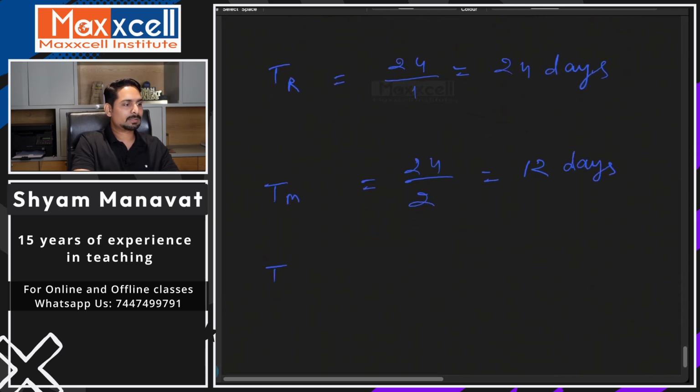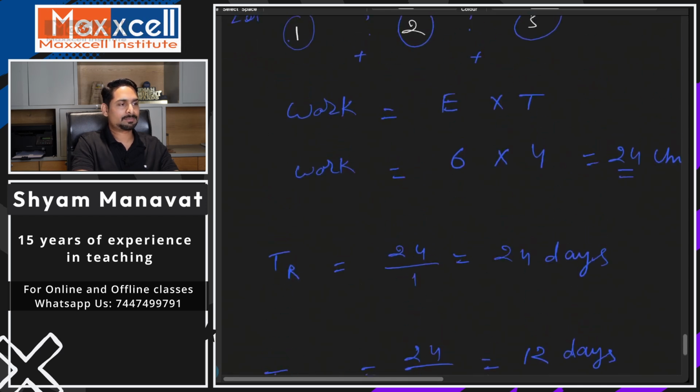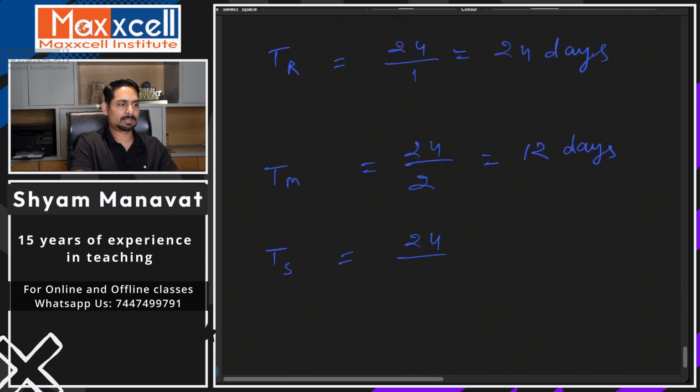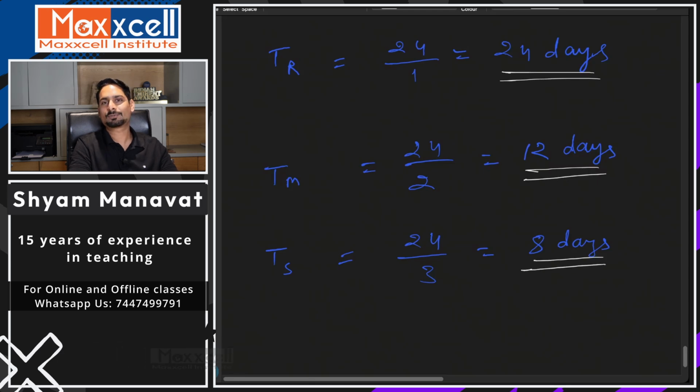Now time taken by Suresh: efficiency of Suresh is 3, so work upon efficiency, here 8 days. Alright, and you got the answer: 24 days for Ramesh, 12 days for Mahesh, 8 days for Suresh. Right? Great.